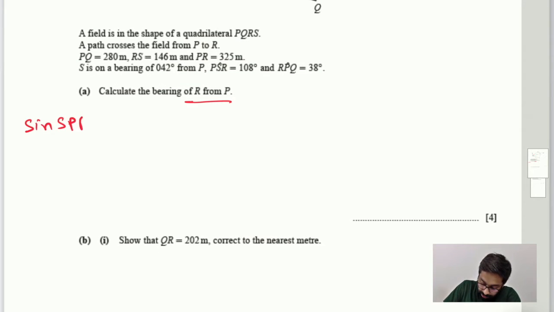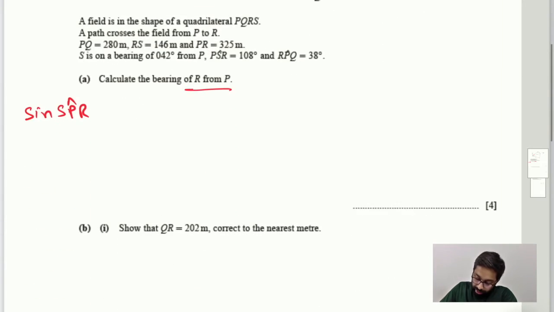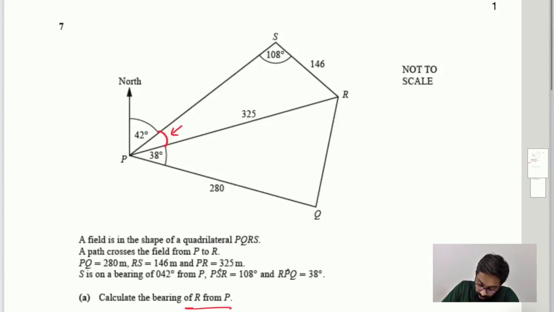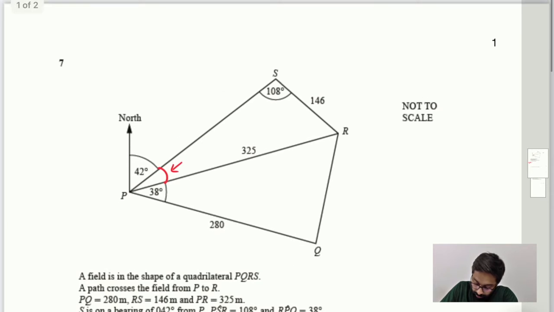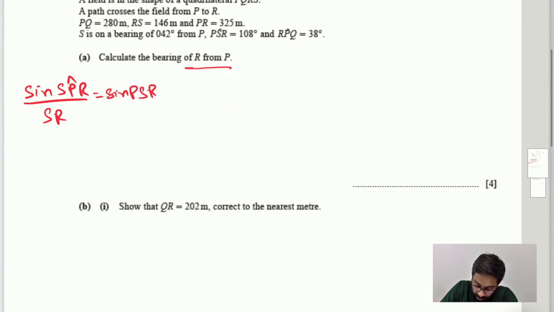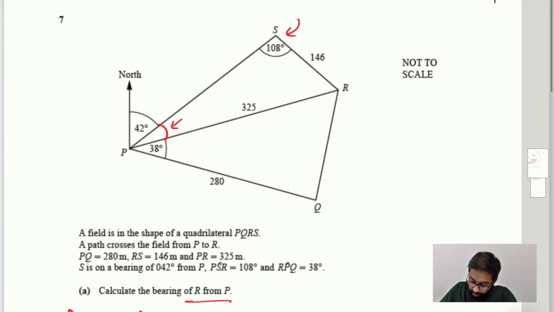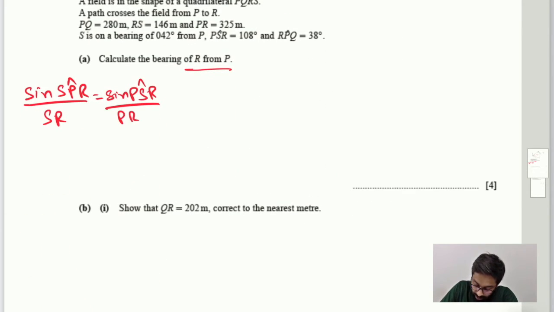Sine SPR, the angle that we are looking for is SPR, over the length SR is equal to sine, the angle that is given to us is PSR, over the length PR, which is 325. So we write PR over here.